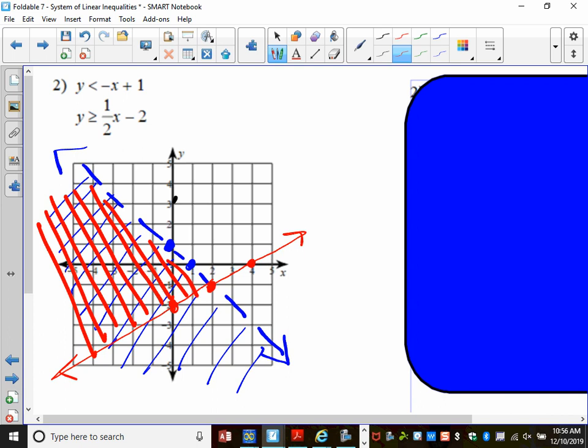So anything where you see the two colors, okay, that would be here. And again, if you're using a pencil, you would just make that area a lot darker. Okay. All right, any questions so far?